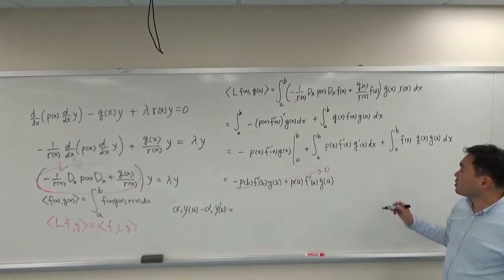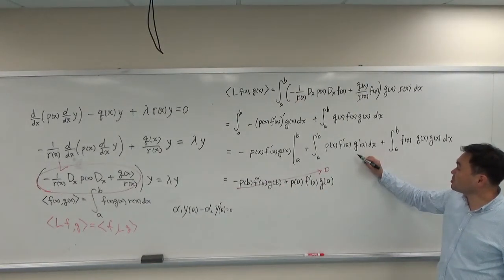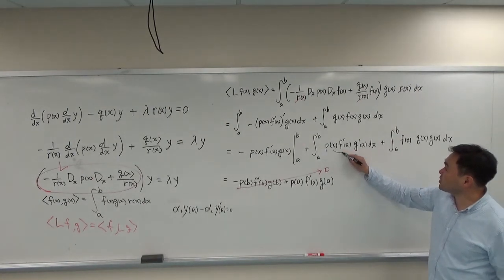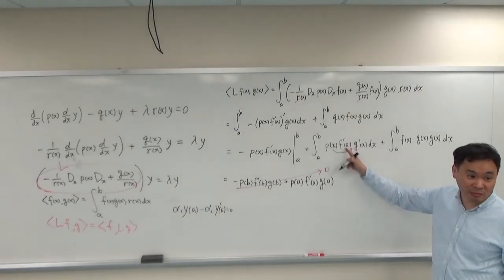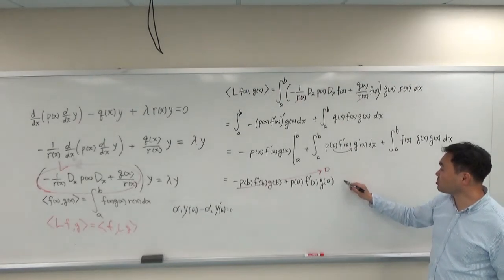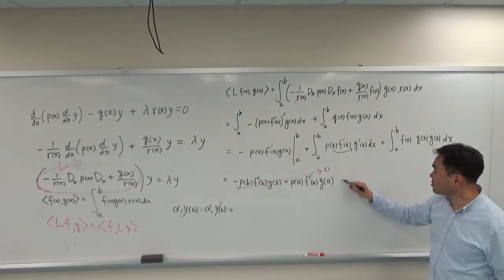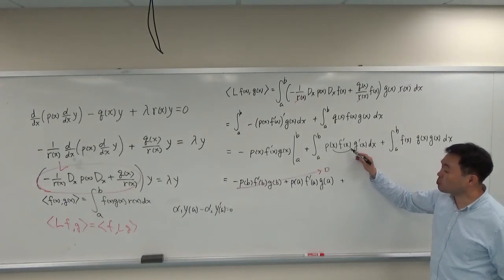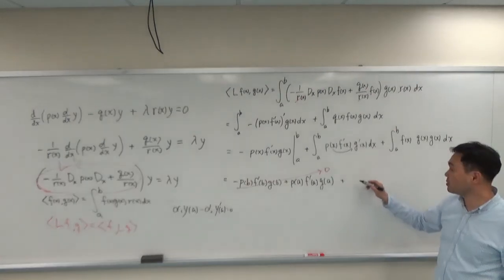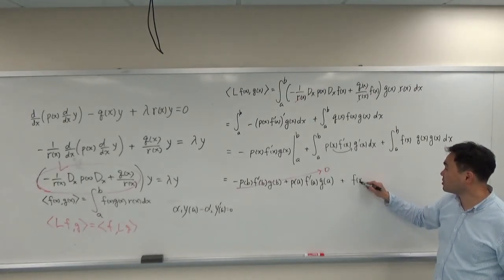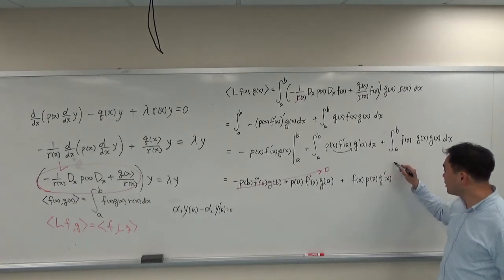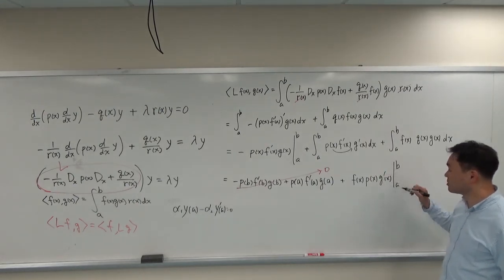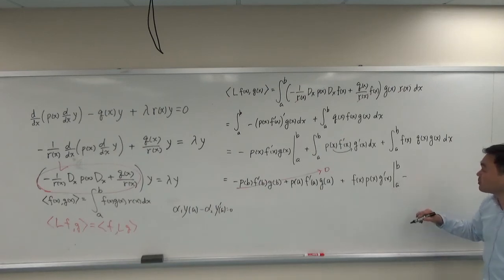All right, so now what we're going to do is move the p(x) to this one, g prime of x, and now I'm going to integrate f prime. So let's see what happens. What's the integral of f prime? It'll be f(x) p(x) g prime of x. Again, you plug in the boundary points, and then minus.